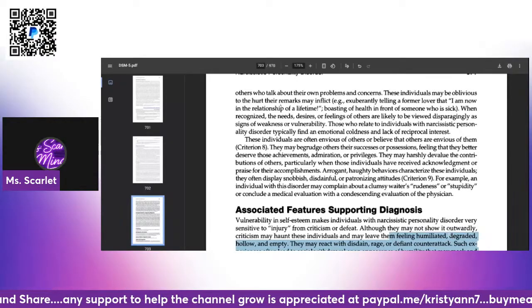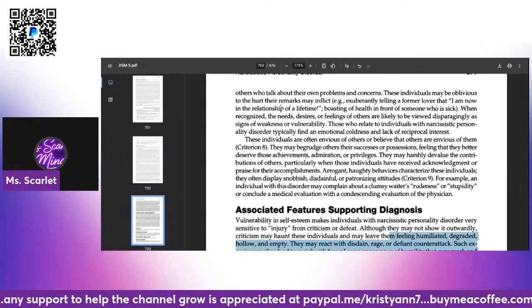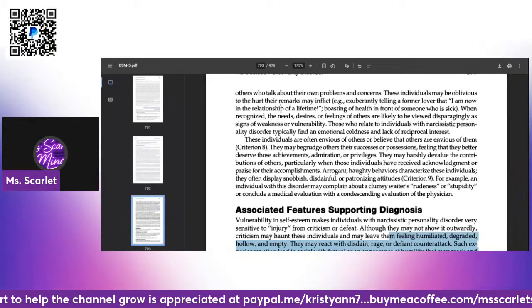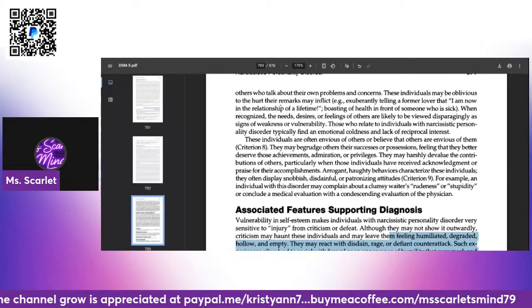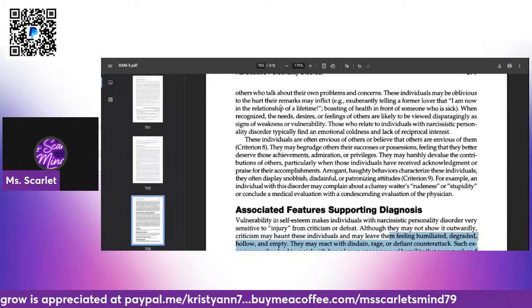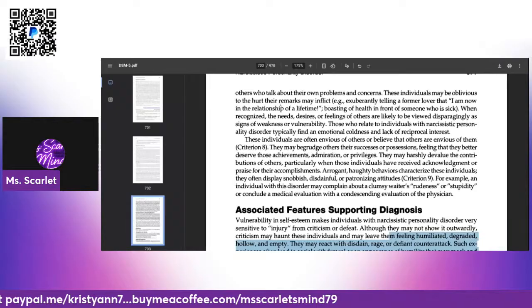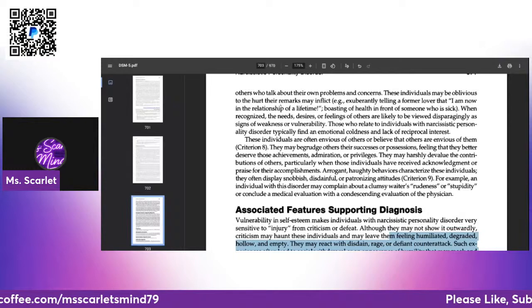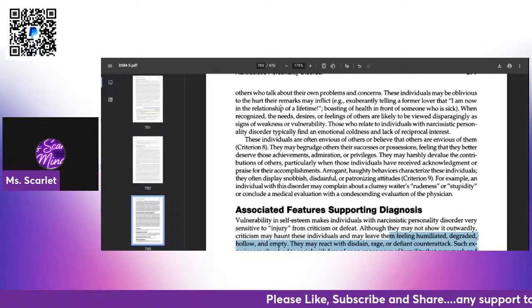The individuals are often envious of others or believe that others are envious of them. They may begrudge others their successes or possessions, feeling that they better deserve those achievements, admiration, or privileges. They may harshly devalue the contributions of others, particularly when those individuals have received acknowledgement or praise for their accomplishments.